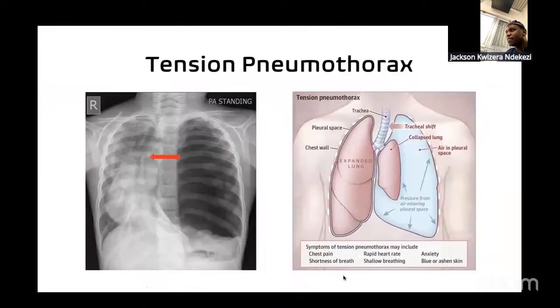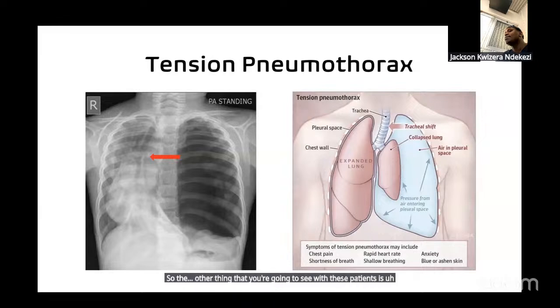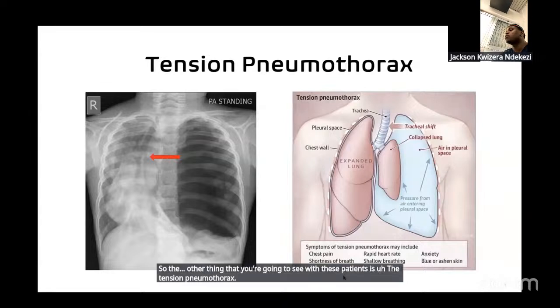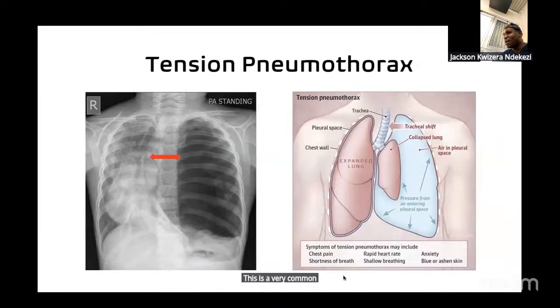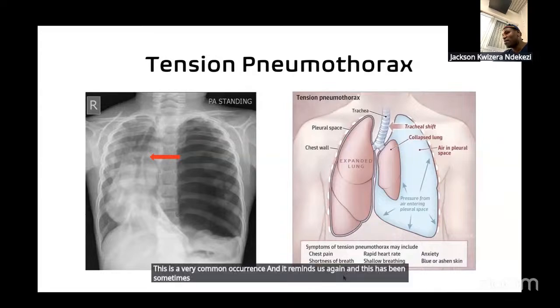Next slide. So the other thing that you're going to see with these patients is the tension pneumothorax, which is leading again to obstructive shock. This is a very common occurrence in LMICs again, and it has sometimes been missed by co-workers.